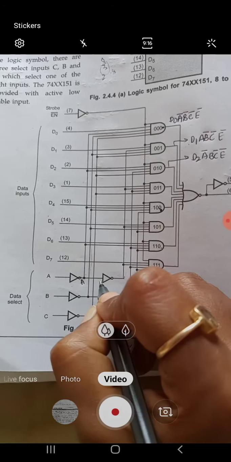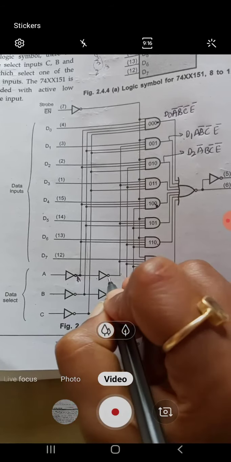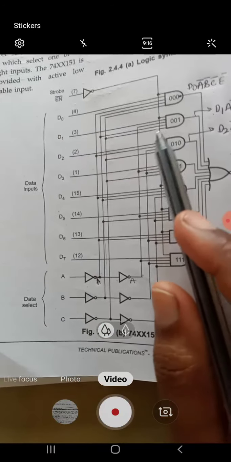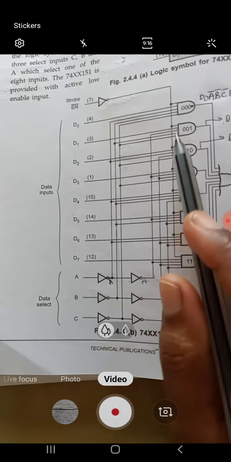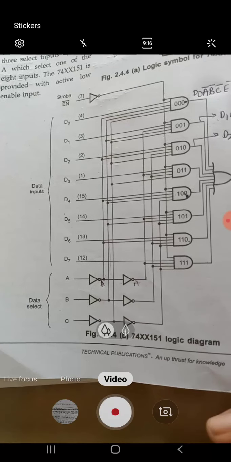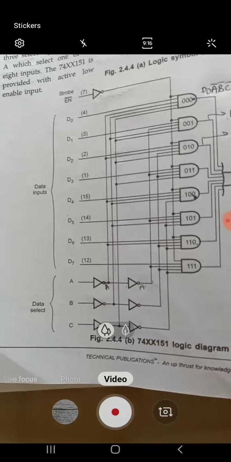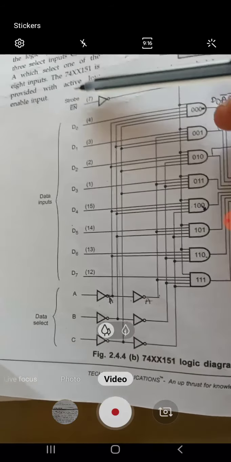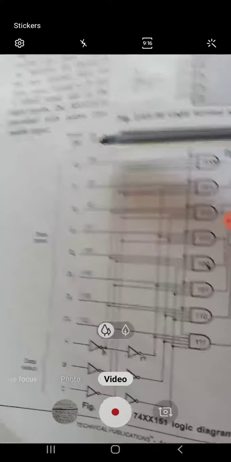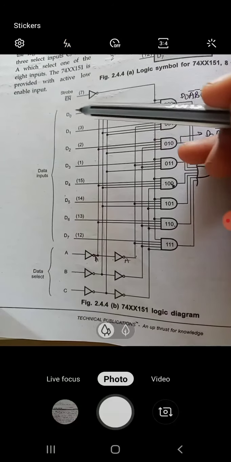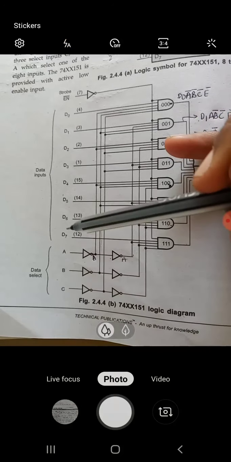Again A bar is the input, and when it comes over here, it is A. Why we have done this is because it becomes very fussy when you tag the same dots again and again, so they have done this way of representation. Both mean the same. A, B, C are nothing but the select lines. You have your enable input over here, that is EN bar, with a NOT gate. And these are the input lines D0, D1, D2 up till D7.